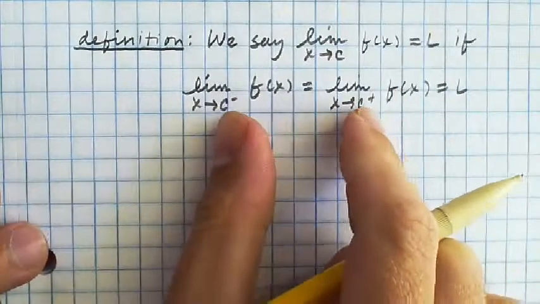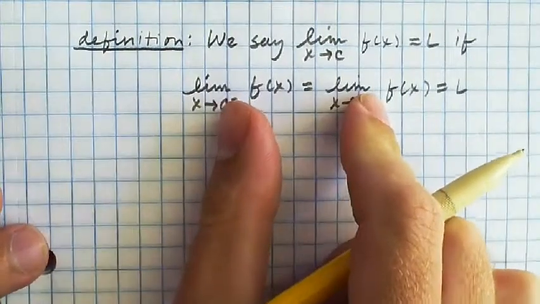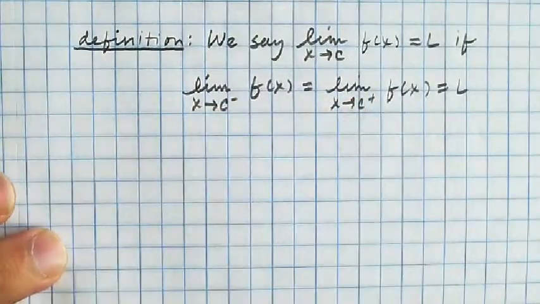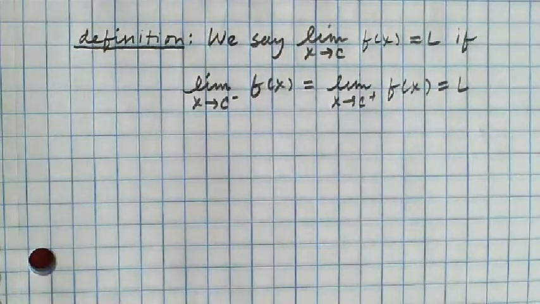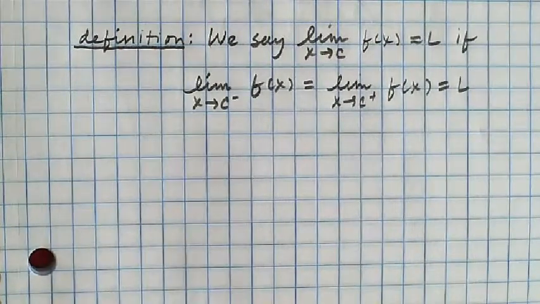Okay, now if these two things are not equal, then we will say that the limit does not exist, and we can say DNE. Pretty soon here I'm going to show you some reasons for limit non-existence, and I'm going to want you to use them. Okay, I'm going to want you to explain to me why a limit fails to exist when it doesn't exist. So, okay, I'm going to jump back to the previous example.